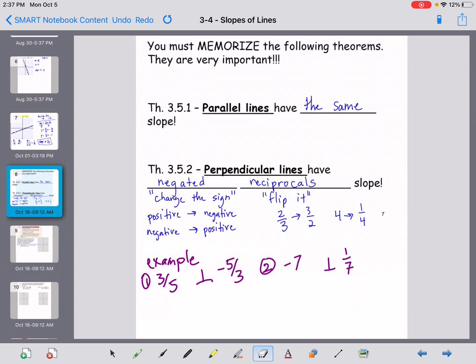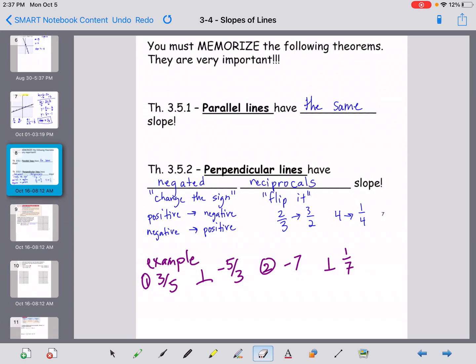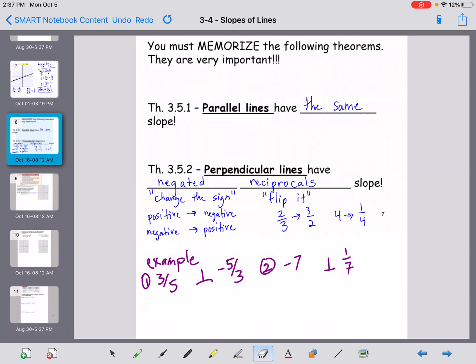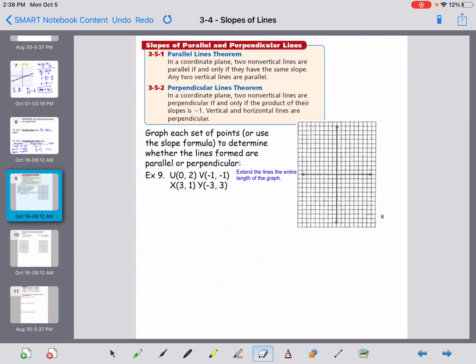So now we're going to be looking at some points and deciding if the slopes would be parallel, perpendicular, or neither. We're going to look at some lines and figure out the same thing. So the first thing is we're going to graph these two sets of points. So the first one, this is very tiny, guys. I apologize for that.